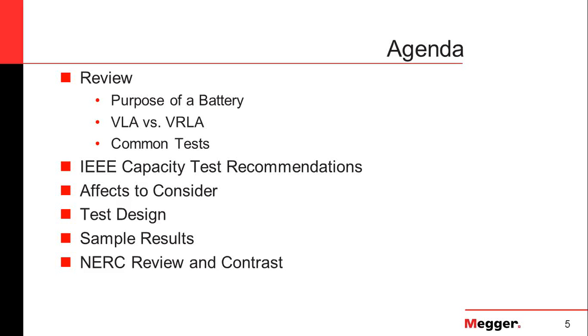We will then go into the IEEE capacity test recommendations, the different types of tests we'll do, and how you use those to design a test, the effects that we need to consider when we're performing the different tests. Then we'll do a quick review of what the results will look like provided by the Megger solution, and just do a quick review of the NERC recommendations and compare those to what IEEE recommends.